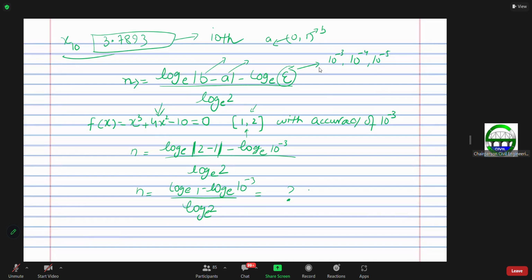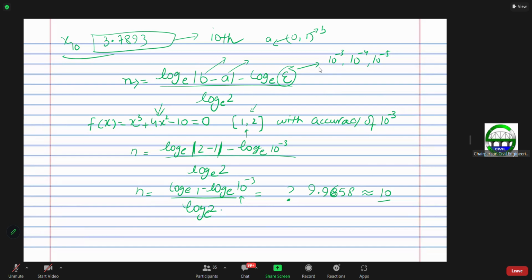So your answer is 9.96, 9.9658. So it means approximately 10. You need a minimum of 10 iterations to find the real root of your equation, which has accuracy of 10 raised to power minus 3.